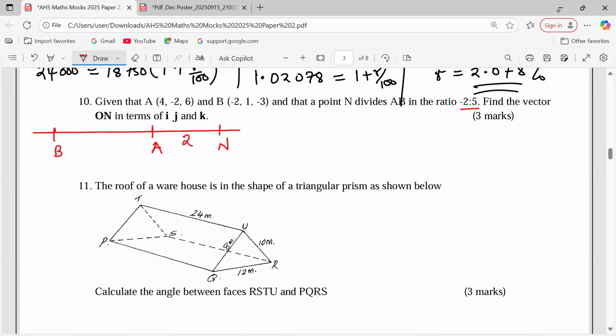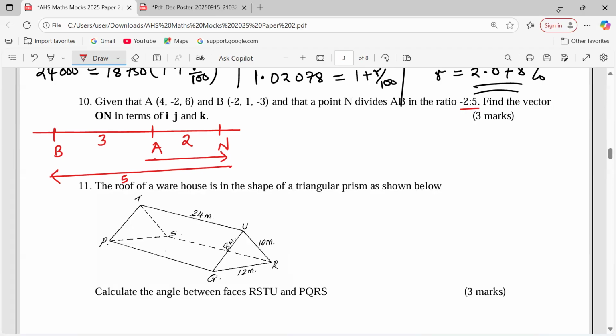Then from N to where B is, we shall move in the opposite direction 5 units. So from N to B, 5 units. So 5 units means that we shall pass through the 2 units. Look at this. This is -2, then +5 in the opposite direction, this way. Meaning that we shall remain with 3 proportions there.